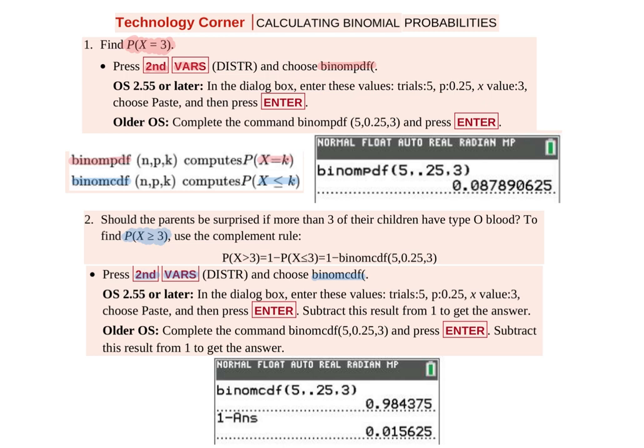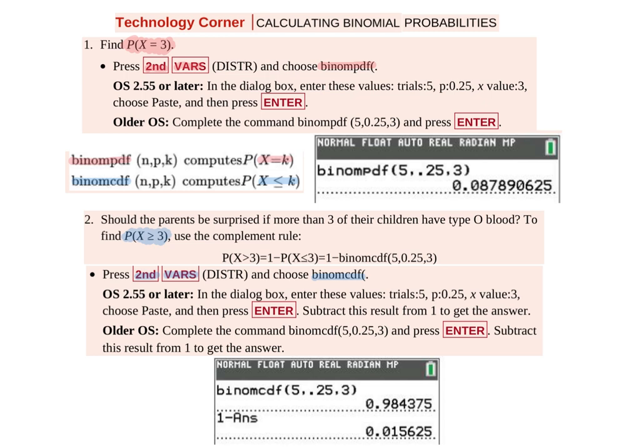What we end up doing is we take the binomCDF and subtract it from 1. When you use binomCDF, you still put in the n, the p, and the k, so you would put in 5, 0.25, and 3. That will give you about 98% right here. And if you do 1 minus that value, that's where we get our about 1.5% on the bottom.